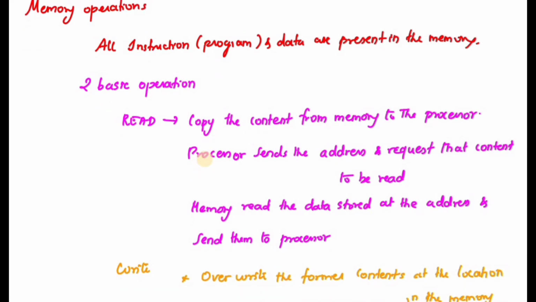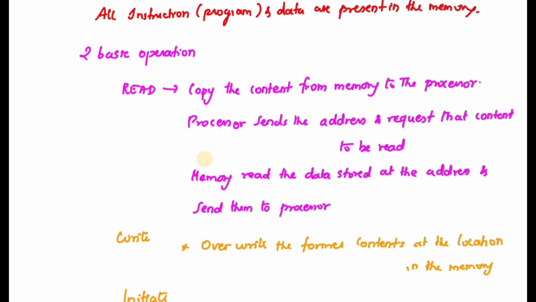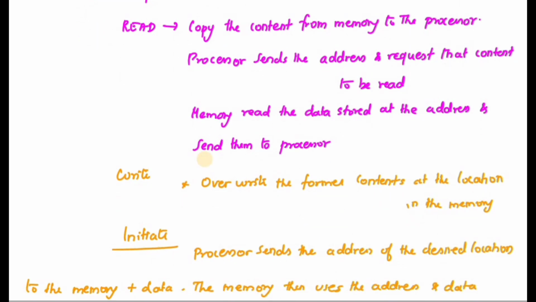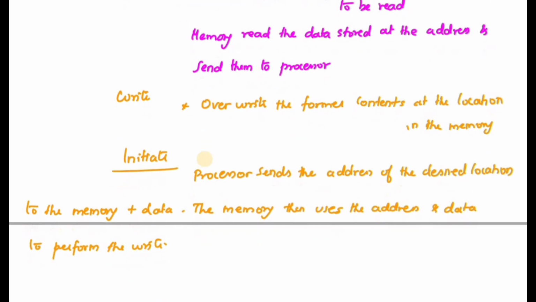This operation copies the content, so it will not get erased. Whereas in the write operation, it will overwrite the former content of the location. The processor will send the address of the desired location plus the data that will be written in that particular location. So the memory uses the address and the data in order to perform the write.